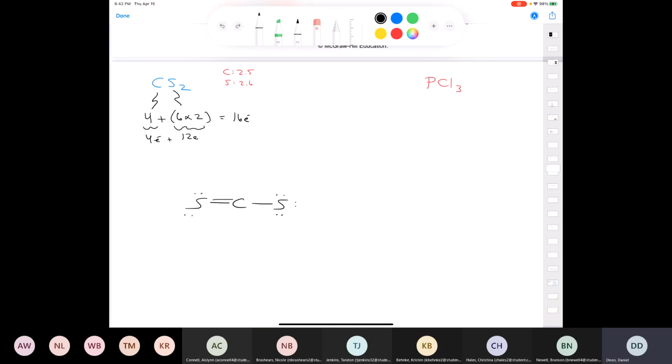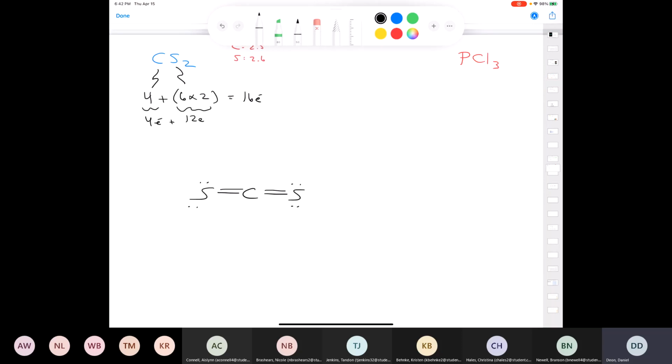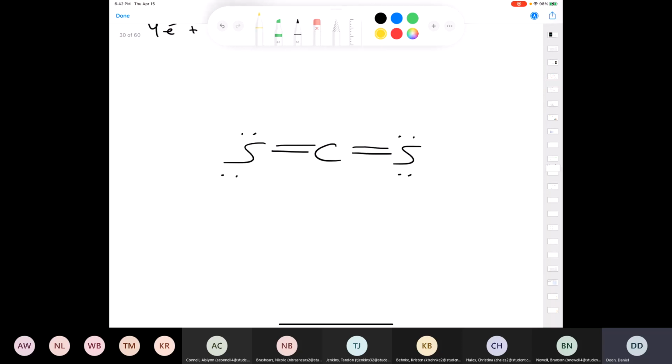And so I'm going to do the same thing with the other sulfur. I'm going to erase a lone pair, and I'm going to make a new bond here. Now, if we look at the structure, you see that the sulfur has 8 electrons. The carbon is surrounded by 8 electrons.